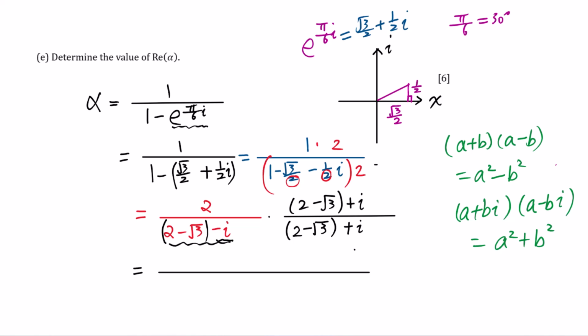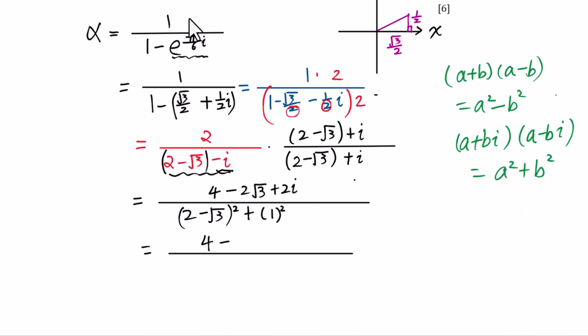Work this out. Numerator: 4 minus 2 square root of 3 plus 2i. Denominator: (2 minus square root of 3) squared plus 1 squared. Numerator: 4 minus 2 square root of 3 plus 2i.